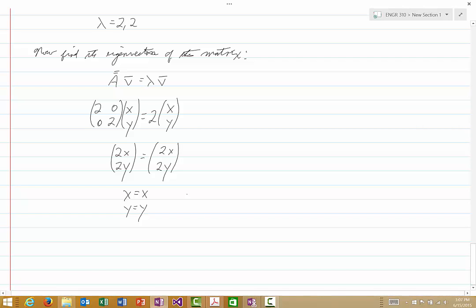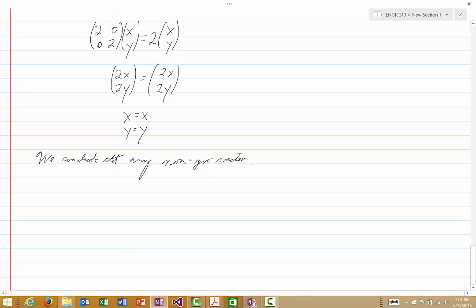Now that's certainly not news. That's always true. So what do we conclude? We conclude that any non-zero vector is an eigenvector of this matrix.